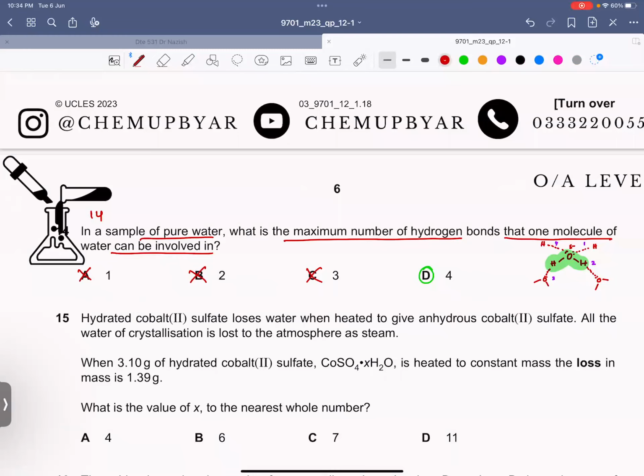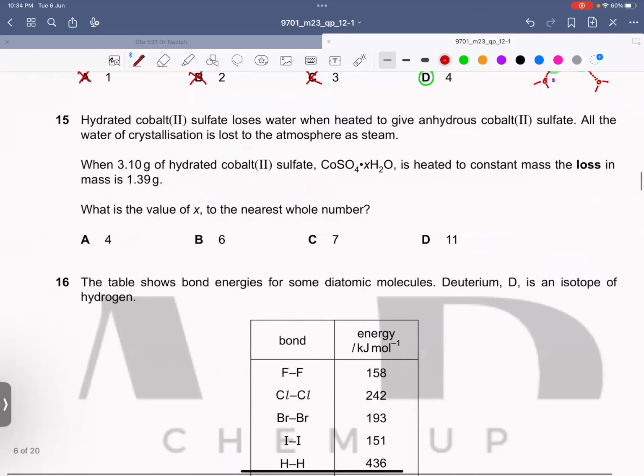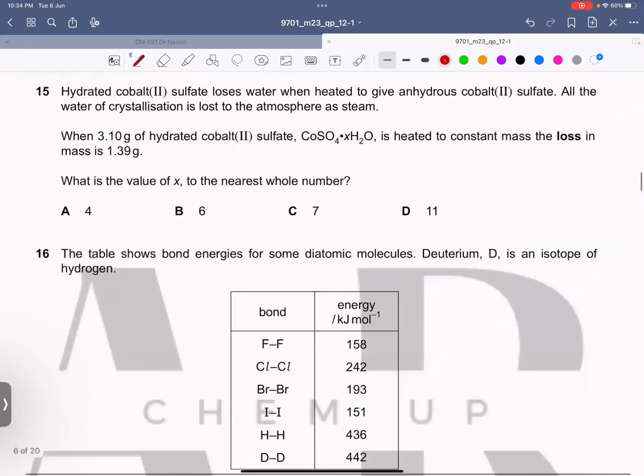Now, question number 15. Hydrated cobalt sulfate loses water when heated to give anhydrous cobalt sulfate. All the water of crystallization is lost. 3.10 grams of hydrated.